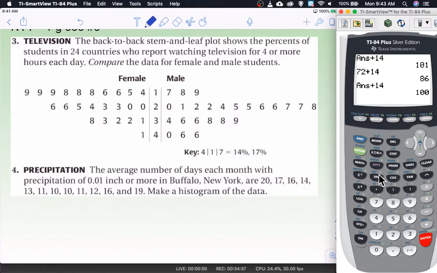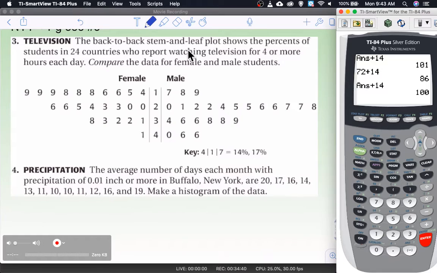All right. The back-to-back stem and leaf plot shows the percents of students in 24 countries who report watching television for 4 or more hours each day. Compare the data for female and male students. Okay, so what would we say? Well, we'd say that based off this data, females tend to watch less TV than the males.